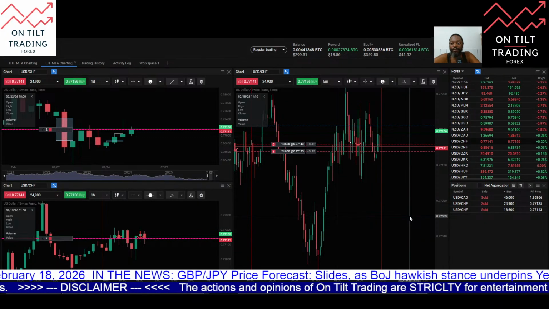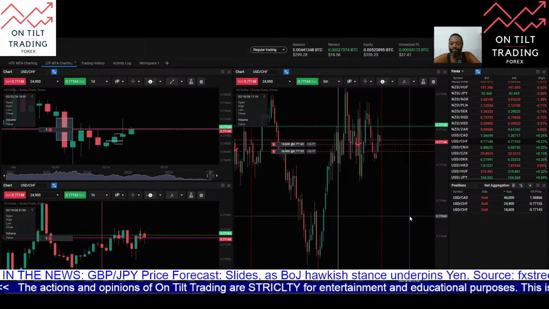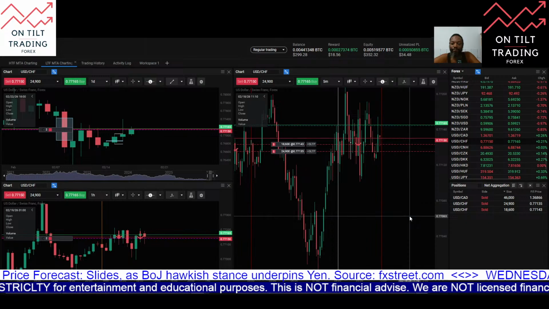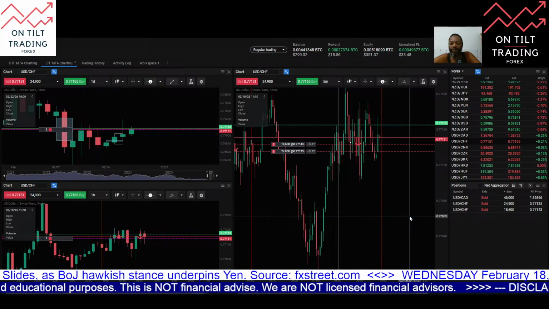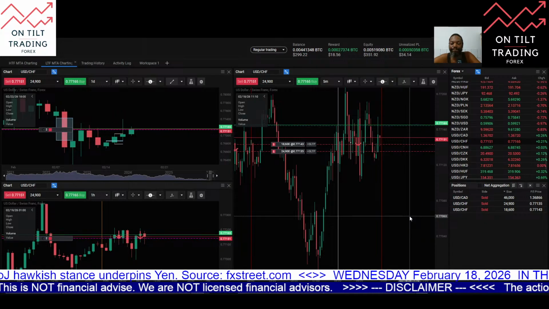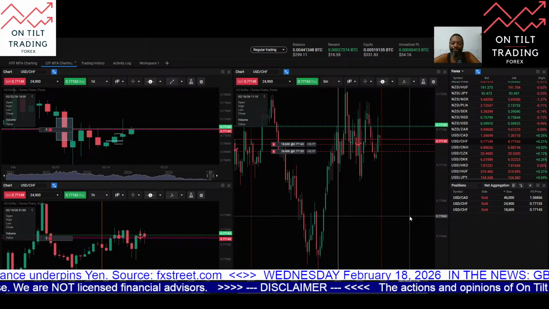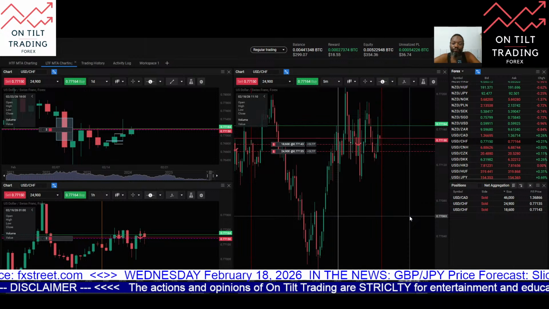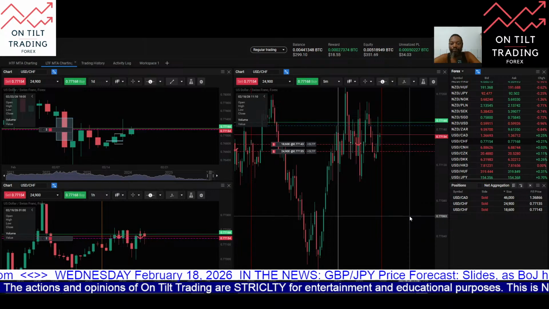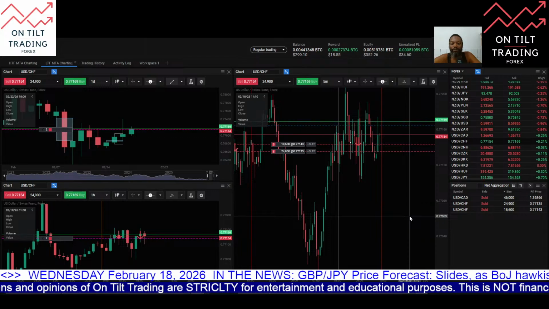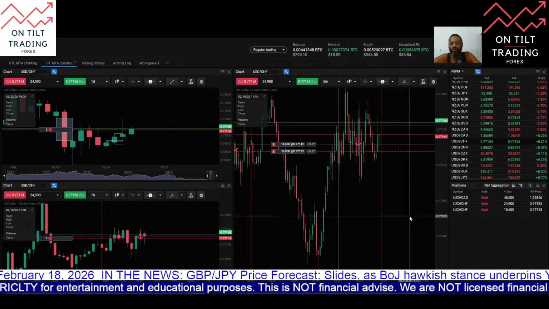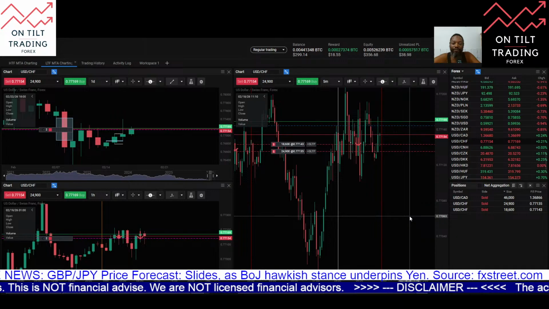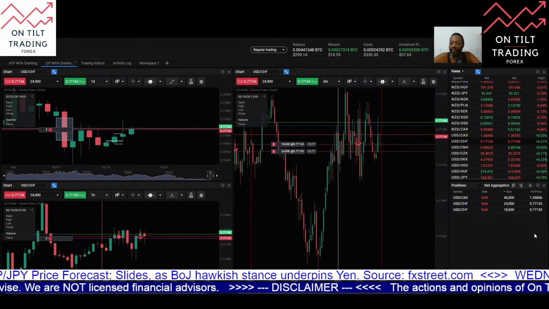Seeing a return here to the sell side, after some very aggressive buy-side delivery. We'll see if there's any sell-side continuation from that previous 5-minute candle that put in a wick right here.